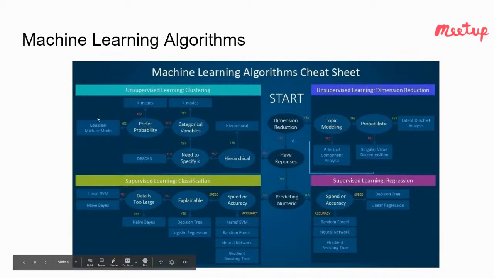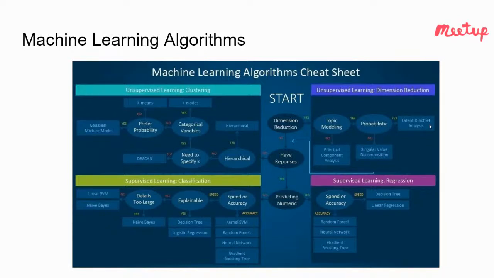Then you have a whole set of clustering algorithms, such as k-means, classification ones where you have labeled data, and regression where you have labeled outputs and you want to predict some future value, say if you're plotting values on a graph or something like that.